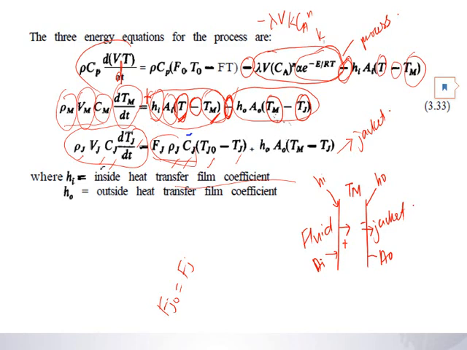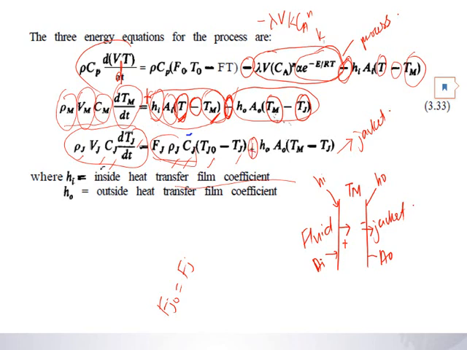There's no reaction in the coolant. No heat generated by the coolant. Heat is only received and taken out from the coolant. Okay, so in this case, the heat is received by the coolant. So that's why you have plus there.